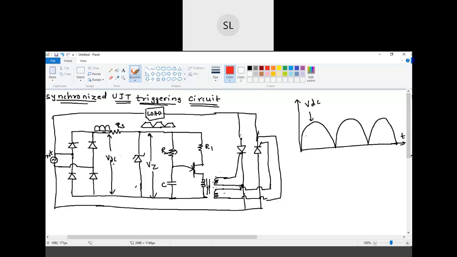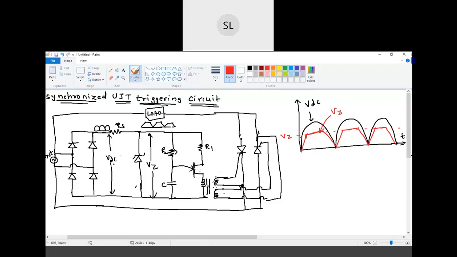Okay. So it will be clipped at some level, say VZ. So the voltage that will be applied across this relaxation oscillator will look like this. Now this VZ will be applied as a voltage across this relaxation oscillator.